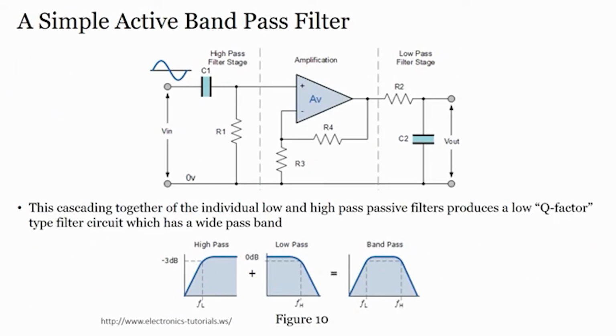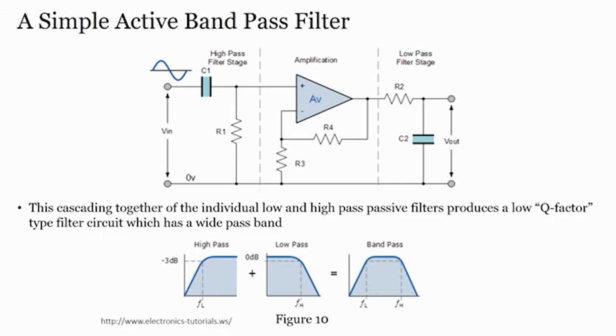So, what if I have a simple active band pass filter? Again, what do I need? I will need a high pass, I will need a low pass, and I have to use active means op amp. Here I am using again a non inverting amplifier, right.